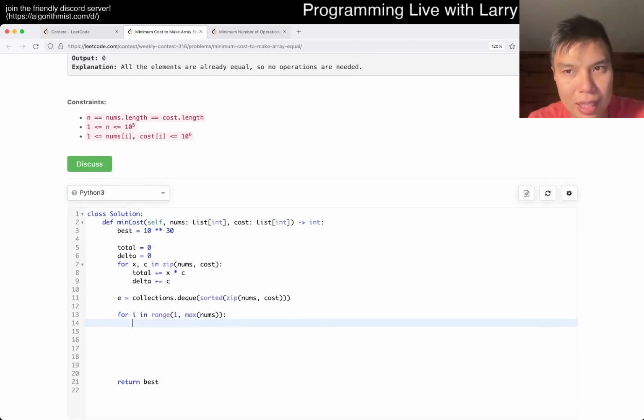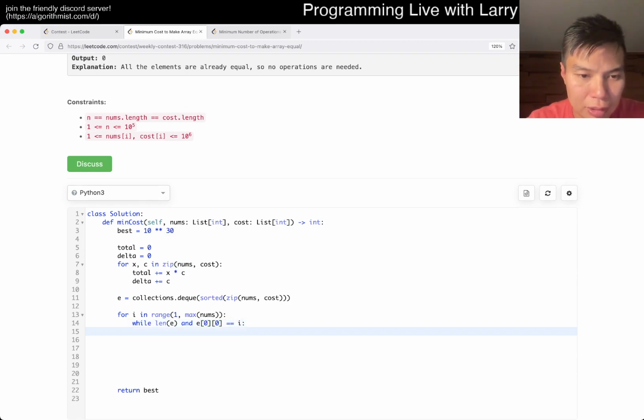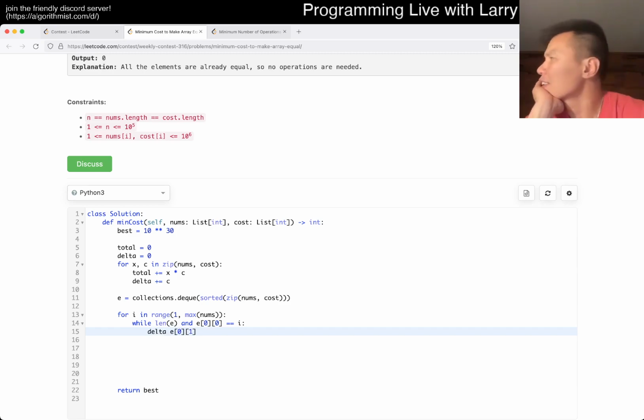So that means, okay, while length of y is greater than 0 and y of 0 is equal to i. While this is true, y of 0 of 1, so the cost, we want delta to sub. Actually, is that right?